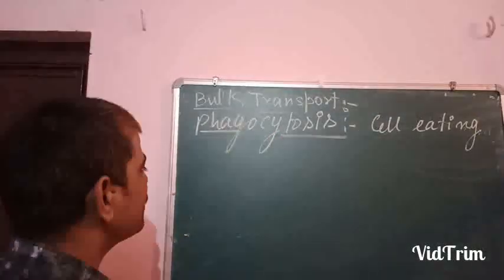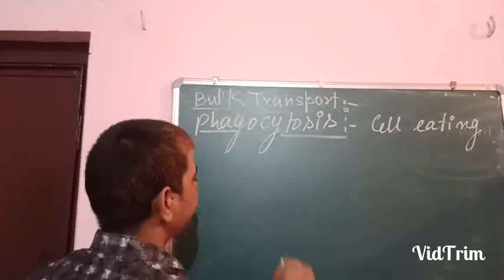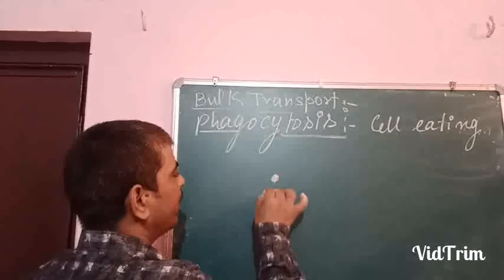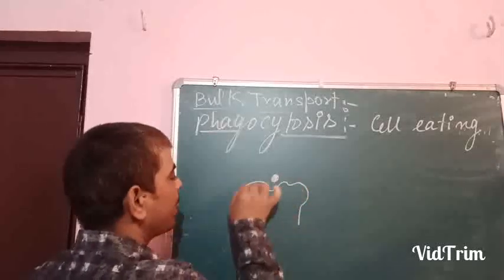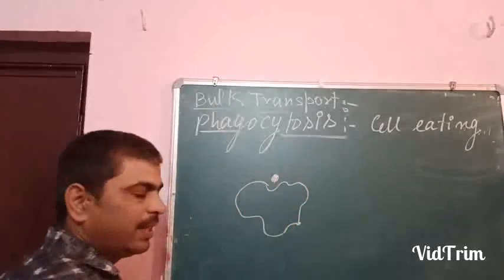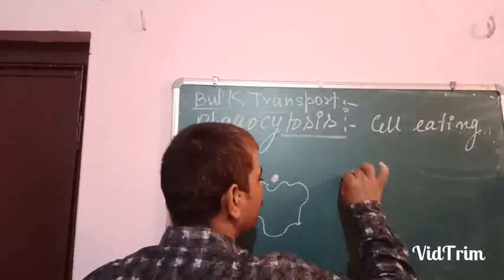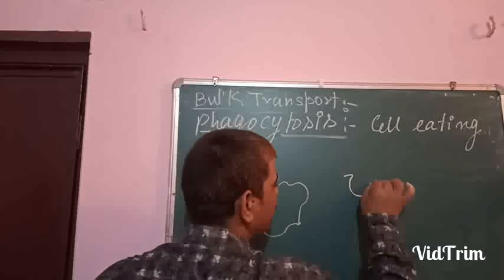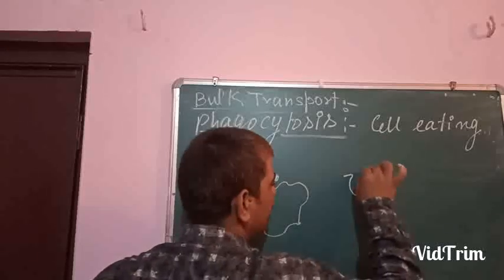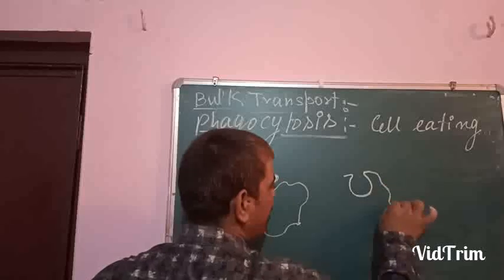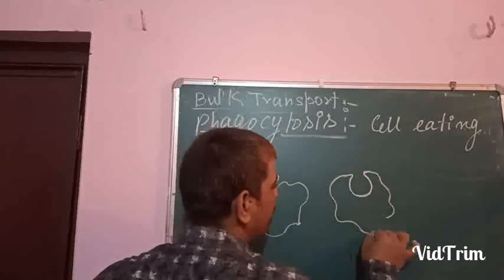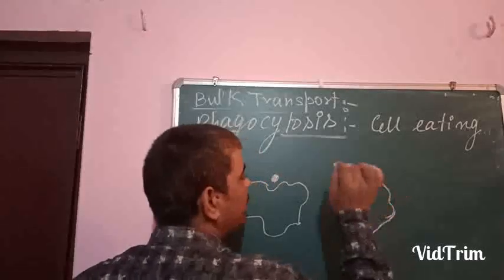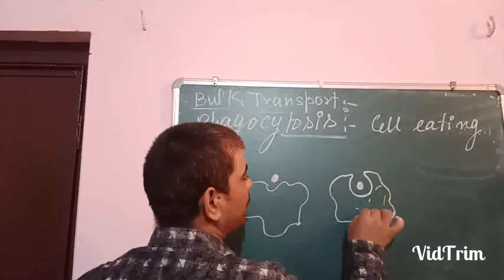Okay. Now see the same diagram again. Any food particle appears around the body of amoeba. You know amoeba has an irregular shape. Then slowly amoeba starts to trap this particle inside its body by covering it through its pseudopodia.